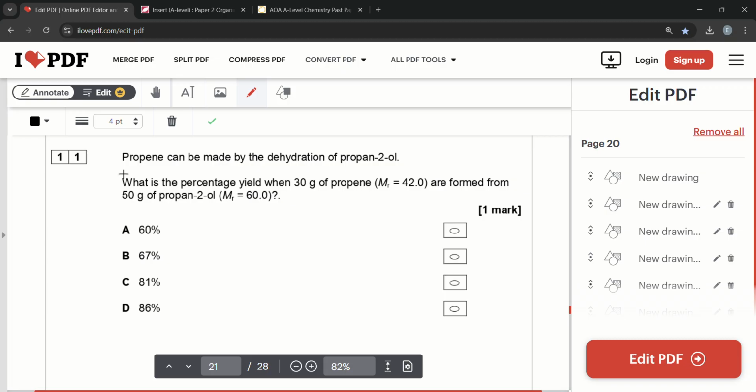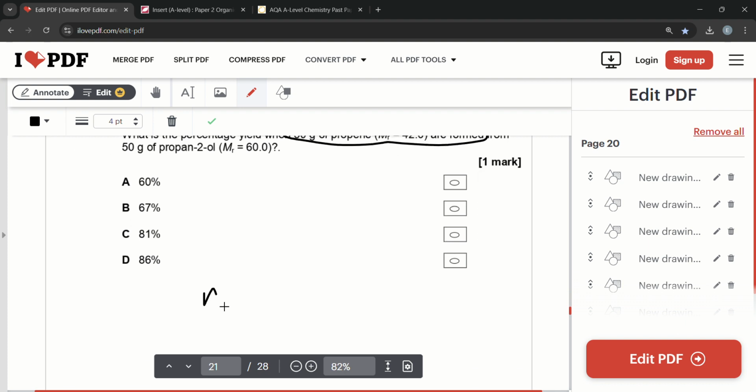Propene can be made by the dehydration of propan-2-ol. What is the percentage yield when 30 grams of propene are formed from 50 grams of propan-2-ol?